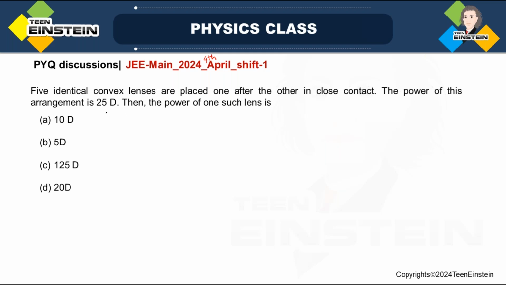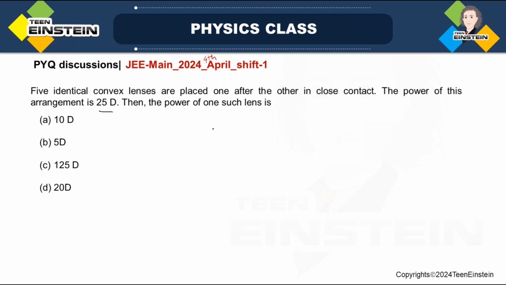The power of this arrangement is given, that is 25 diopter. Then power of one such lens is 10 diopter, 5 diopter, 125 diopter, or 20 diopter.